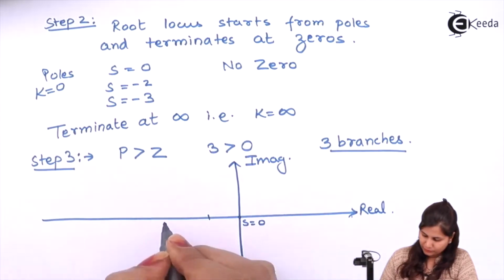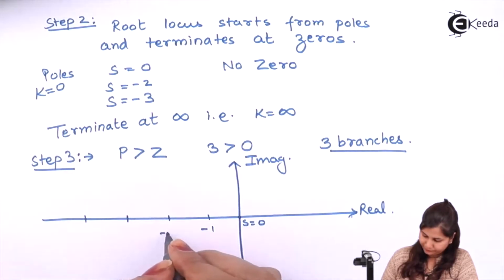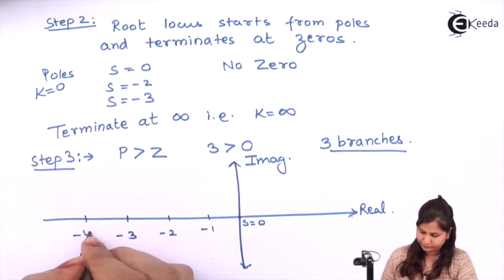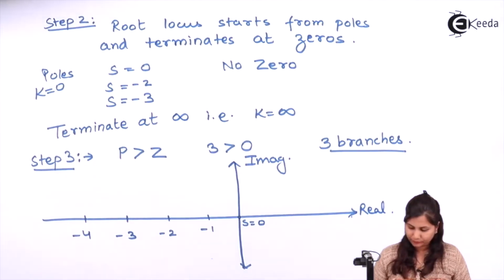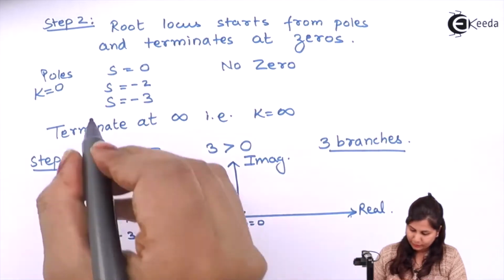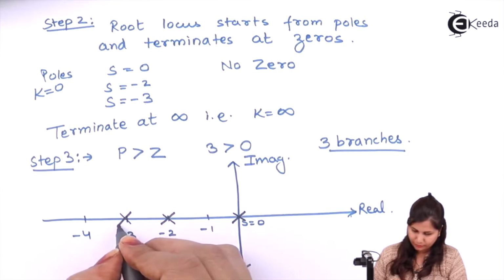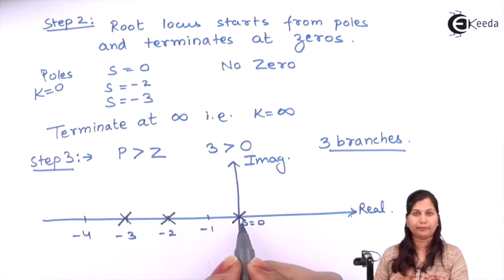Then we have minus 1, minus 2, minus 3, minus 4. Now s equals 0 is a pole, s equals minus 2 is a pole, and s equals minus 3 is a pole. So we are having 3 poles.